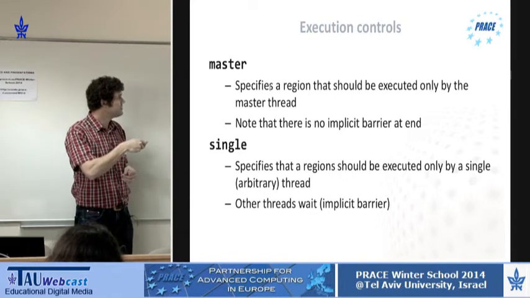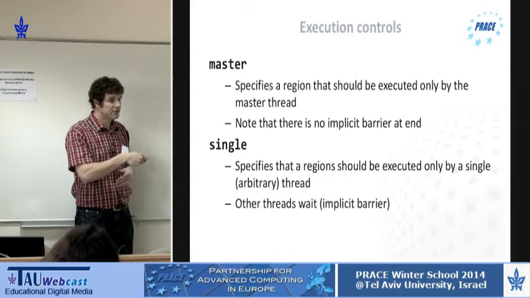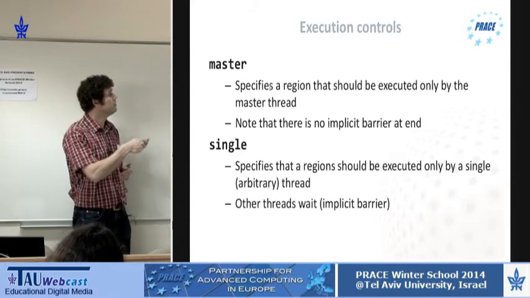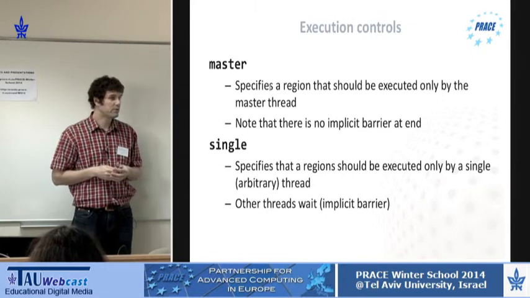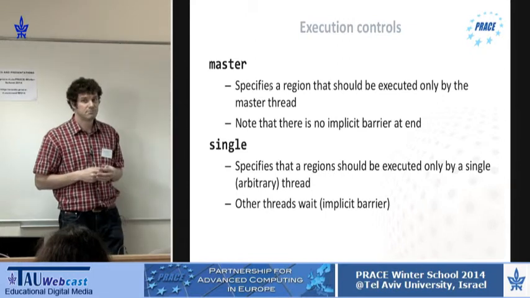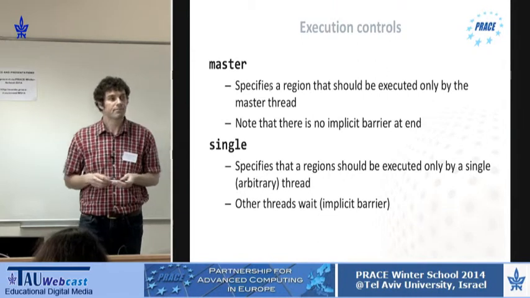One difference between master and single is that at the end of the single region there is always an implicit barrier, while in master there is no barrier, so other threads can proceed on doing whatever they want while the master is doing something within the master region.